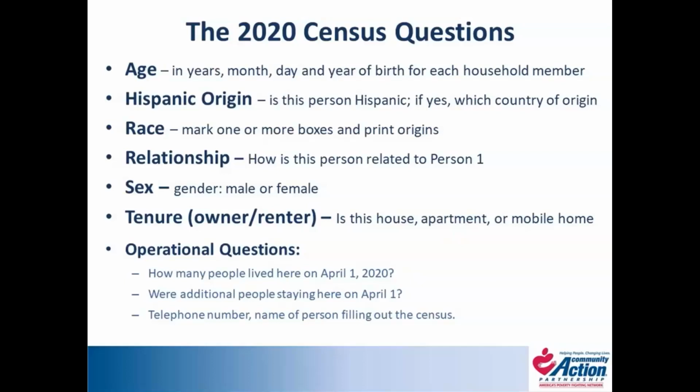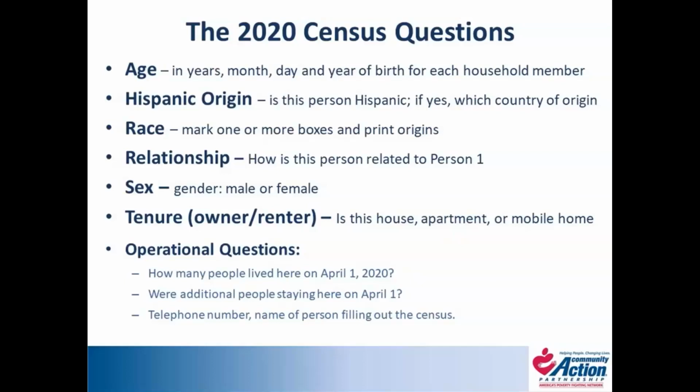They're going to ask if you own or rent your house or mobile home or apartment. And then they do a few operational questions. How many people lived here? And they do that because a lot of people don't include everyone living in the house, especially parents of young children. Young children are one of the most commonly left off groups. So the parents fill out the census form for themselves, but don't include their children.